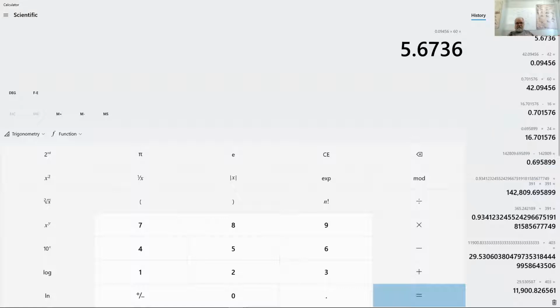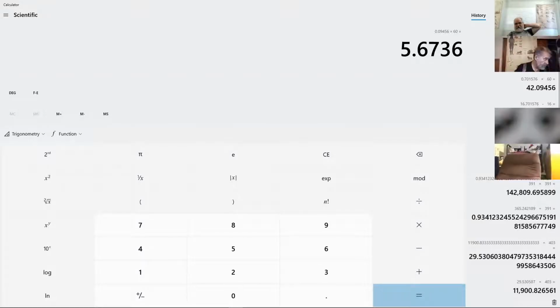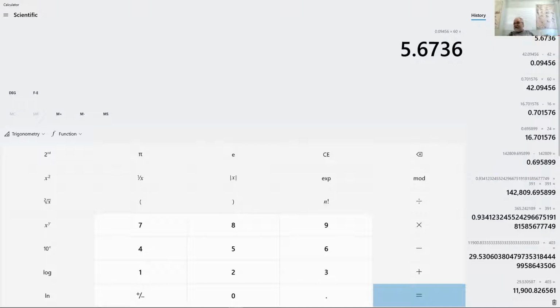Okay, so with the calculator, I have to click on the calculator on the other screen. That's why.